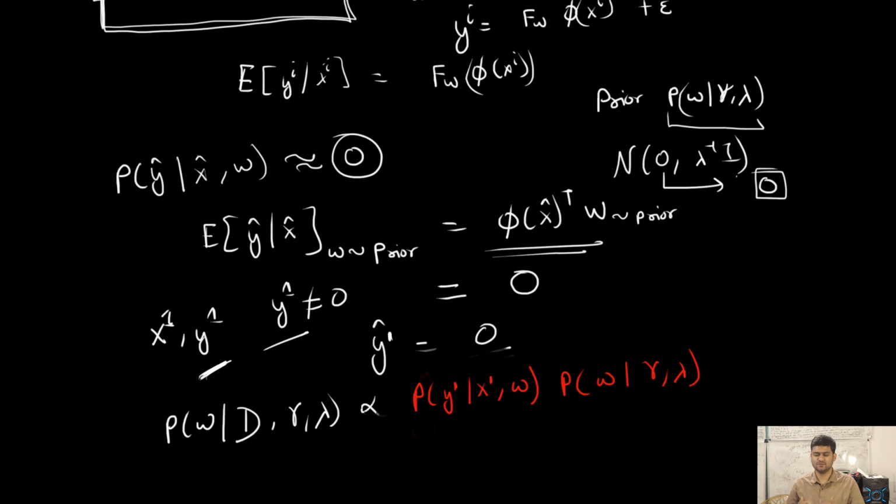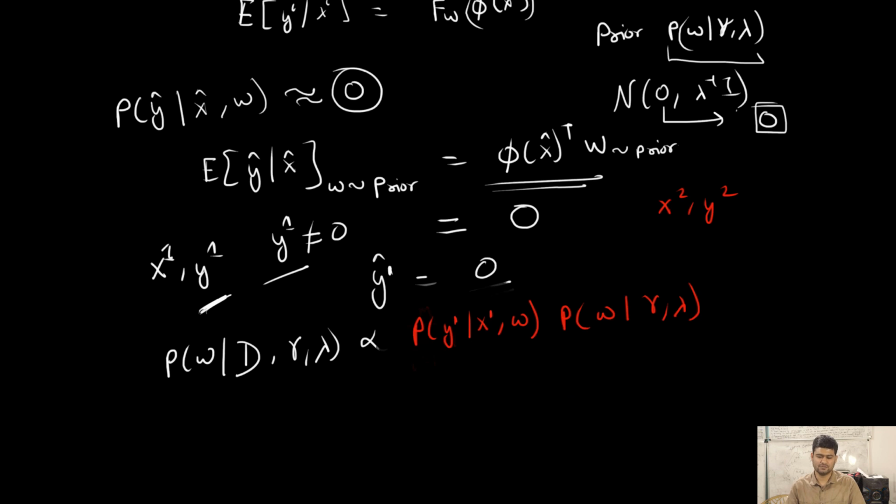Now let's suppose we observe another data point, x2 and y2. Now this posterior distribution has to explain both the likelihood, the probability of the observation of the data, and take the prior information into account. And likewise, we can generalize for m data points.